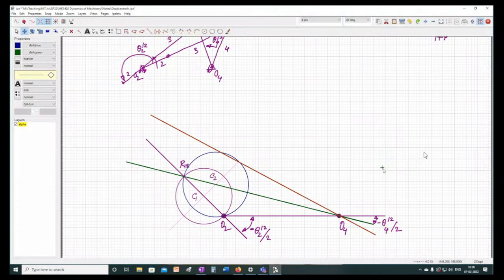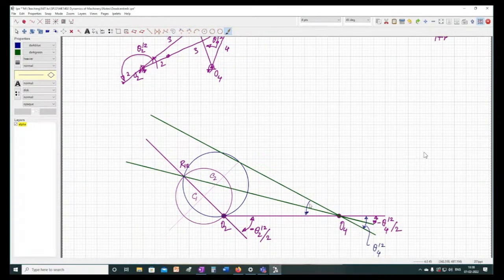So actually what we are doing here, we want to make a line which is this inclination. This inclination is theta 4 1 2. We want to give this inclination to actually get the line, or you can draw it here.